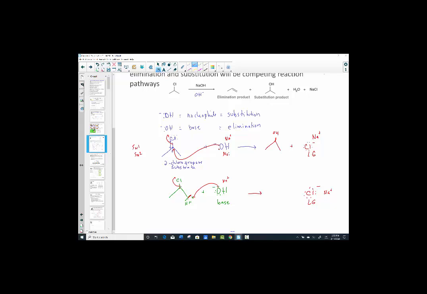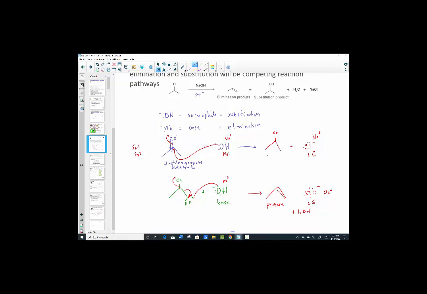And since the chloride left, these electrons collapse and form a pi bond. The original shared pair that we're holding the proton on collapse to make a double bond. And then, of course, we'd see the other product, the HOH, the water molecule form. So in the elimination reaction, we form propene.